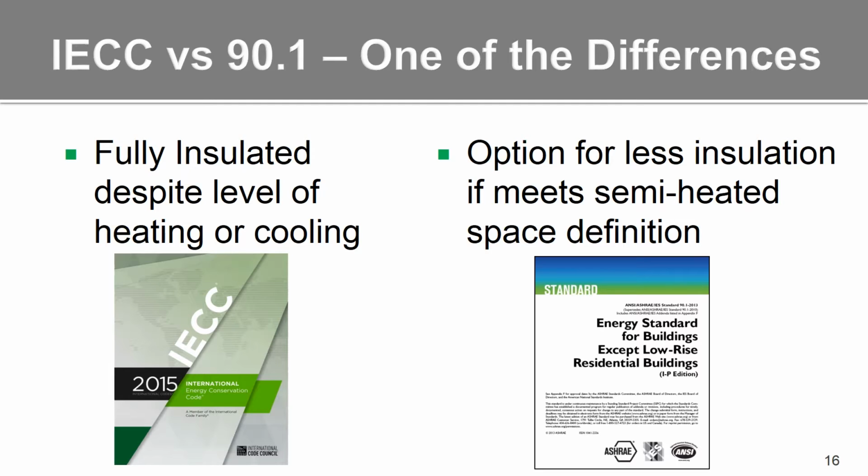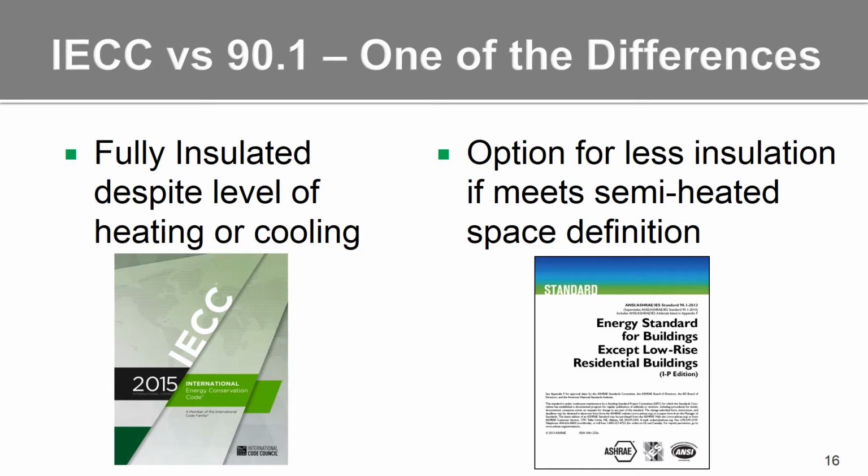I should say really heating it to a high level. If you have a semi-heated space or a warehouse space that you really just want to make it comfortable for its occupants, I always say right around 50 degrees Fahrenheit, or if you just want to keep the materials within the building from freezing, that could be considered a semi-heated space.